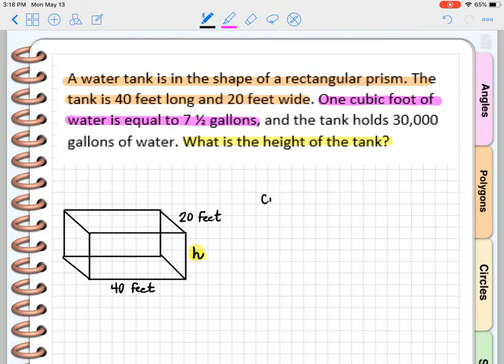So I'm comparing cubic feet and gallons of water. So they tell me that 1 cubic foot is 7.5 gallons.